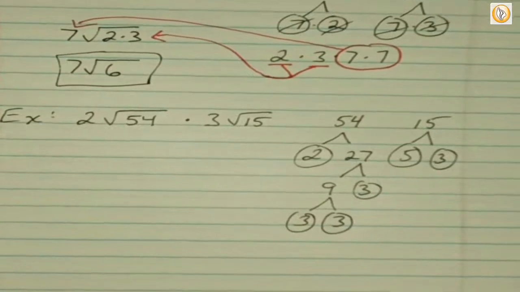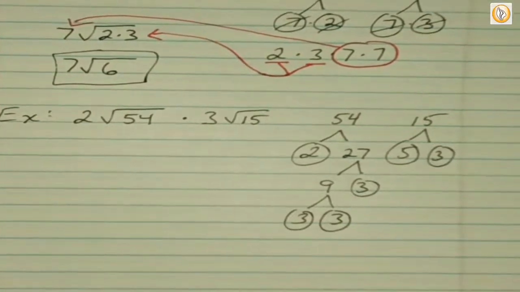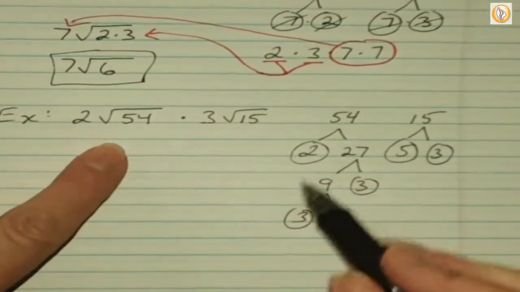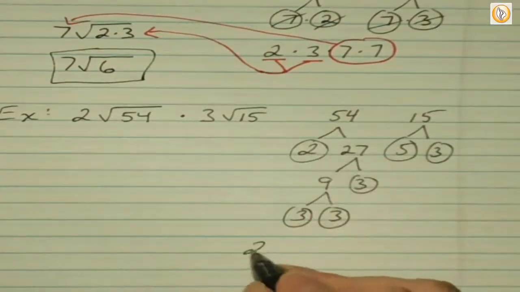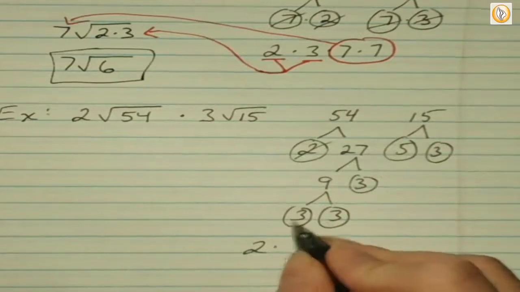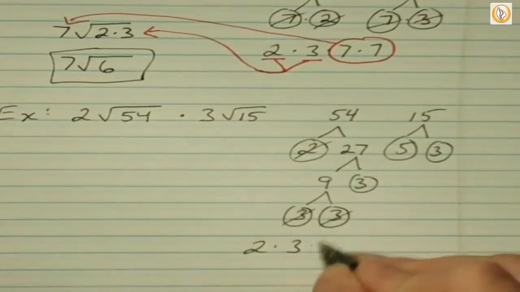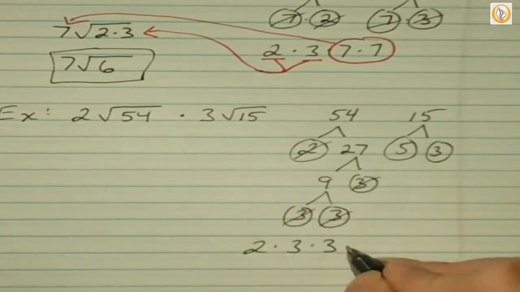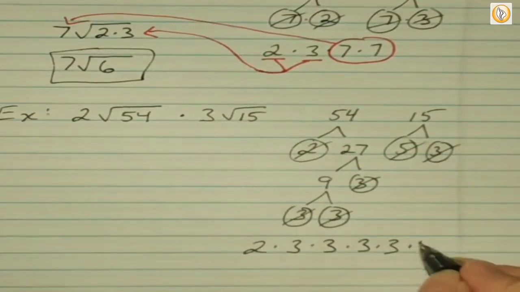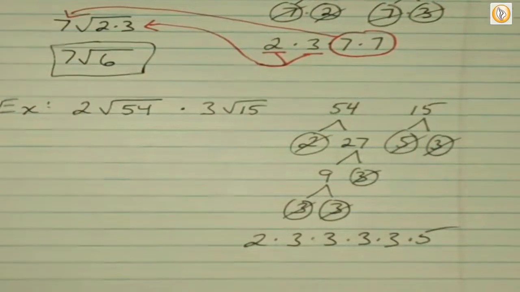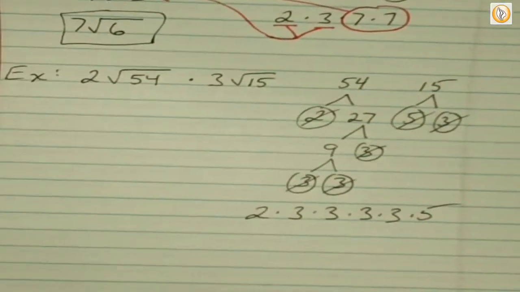Okay, just like before, we are going to combine all the prime factors: 2 times 3 times 3 times 3 times 3 times 5. I'll pause, let y'all catch up.